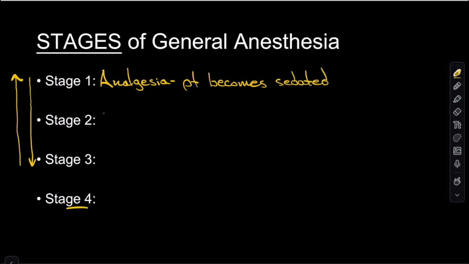Stage 2 is known as excitation. This is a super important stage because it can be dangerous. During excitation, you'll see an increase in heart rate, an increase in blood pressure.